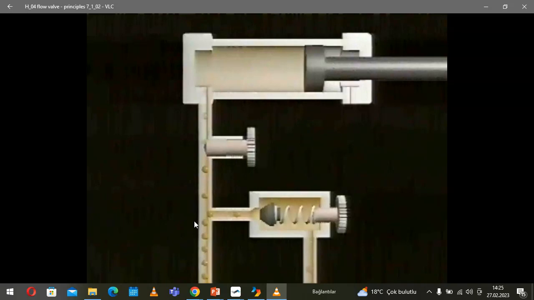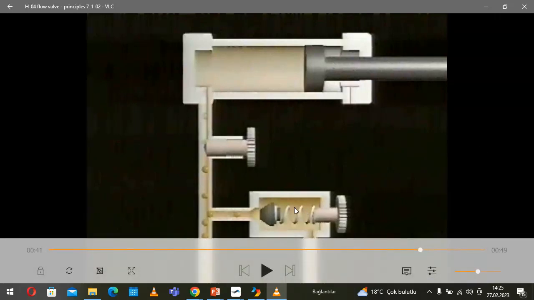So the total flow rate coming from the pump, we divide using these two valves, the pressure relief valve and the restrictor, and by this mechanism we are able to reduce the amount of the flow rate and affect the speed of the piston in advance or return stroke. Opening the pressure relief valve and channeling part of the flow rate back to the tank. So once more, this is very important. We have to know that.